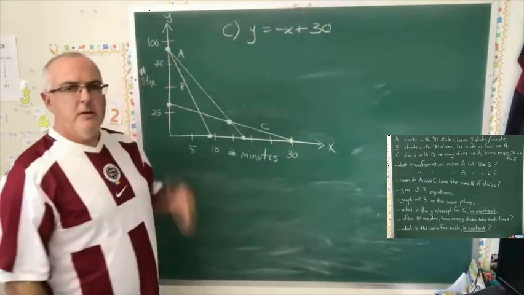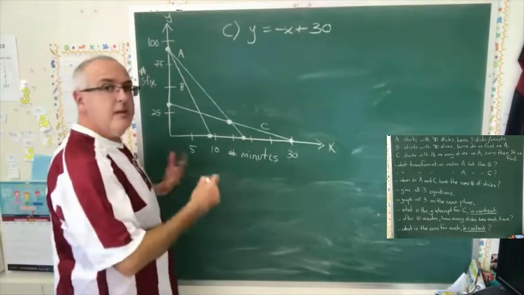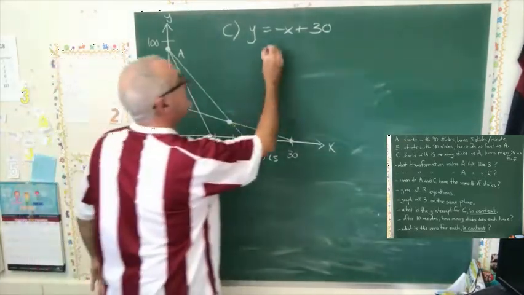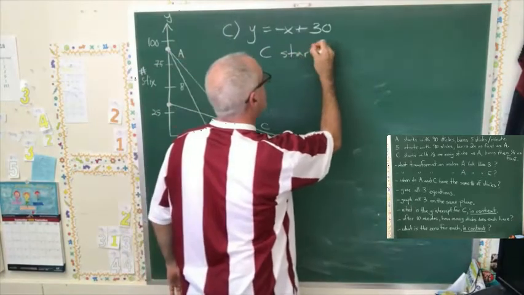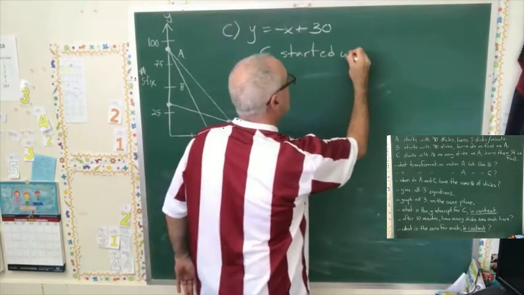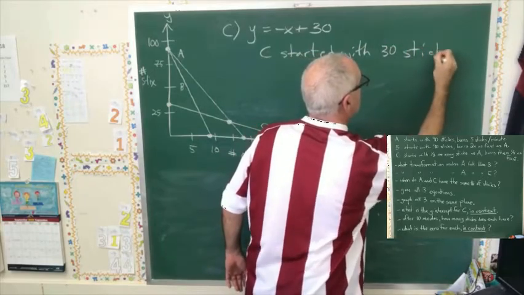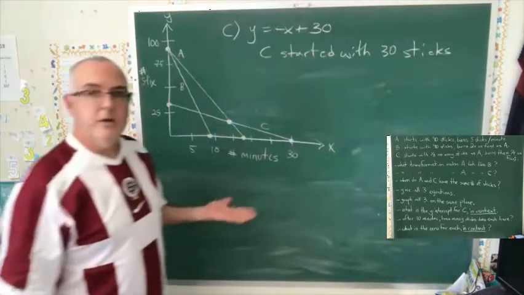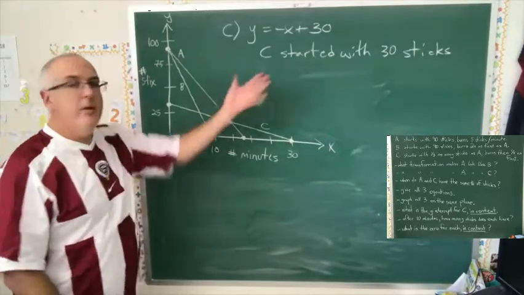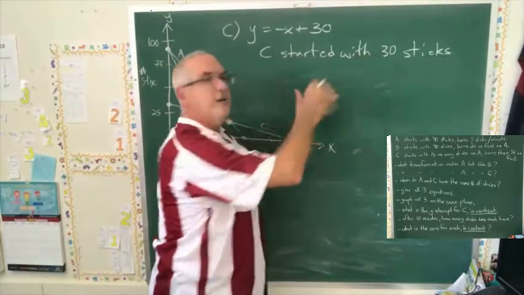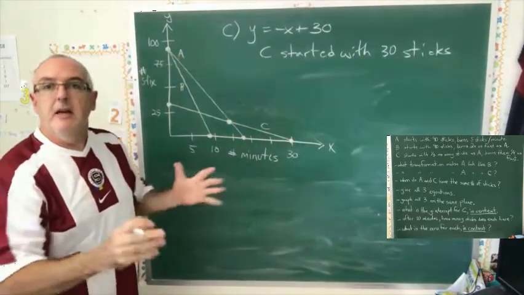The y-intercept's 30. But in the context, you just have to say C started with 30 sticks. That's all the context of the situation means. They don't want the number, they want the number with the situation meaning of the number.